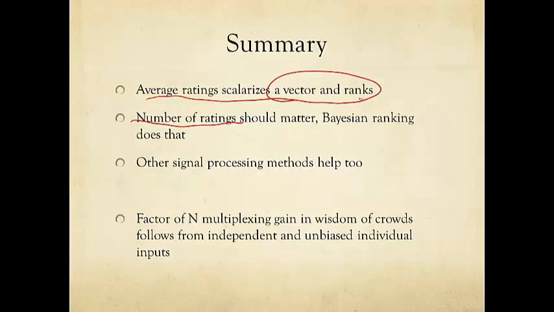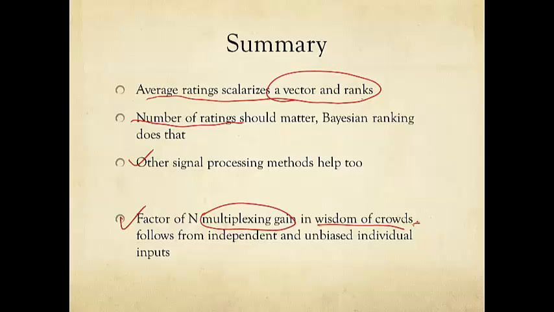There's still a lot of things that can be done with signal processing and statistical tools for rating reliability on Amazon and other online venues. One key factor that we brought up is this factor of N. It is one of the 2 gains. It's called multiplexing gain in wisdom of crowds. This is just a fuzzy English phrase.